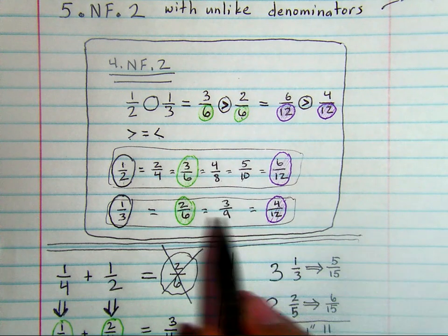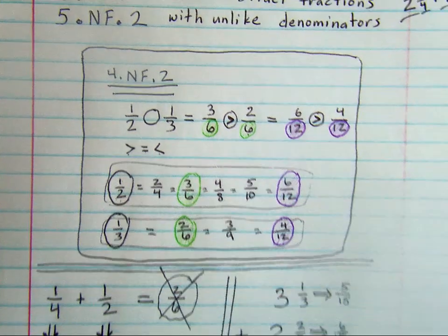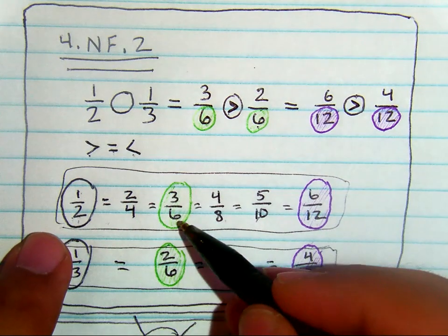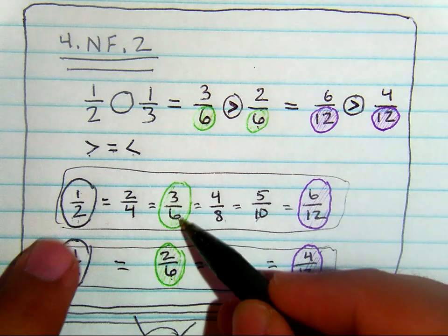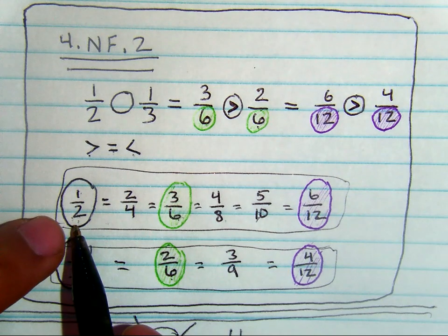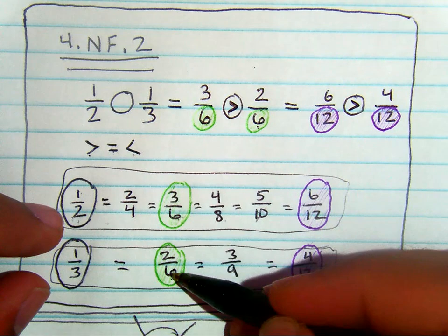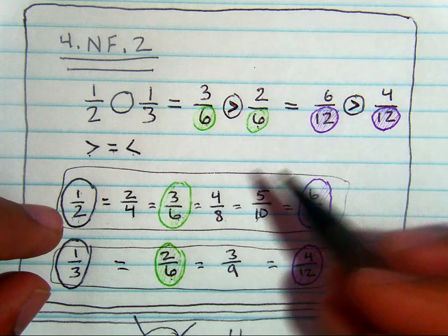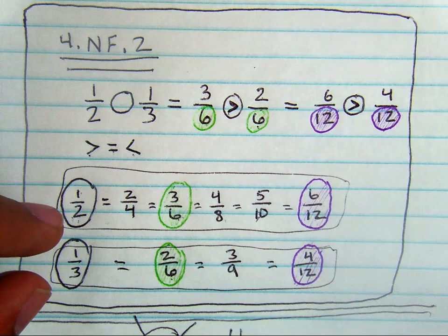Because when we look at those, we can start to see how the common multiples between 2 and 3 are 6 and 12. And the least common denominator is the 6.